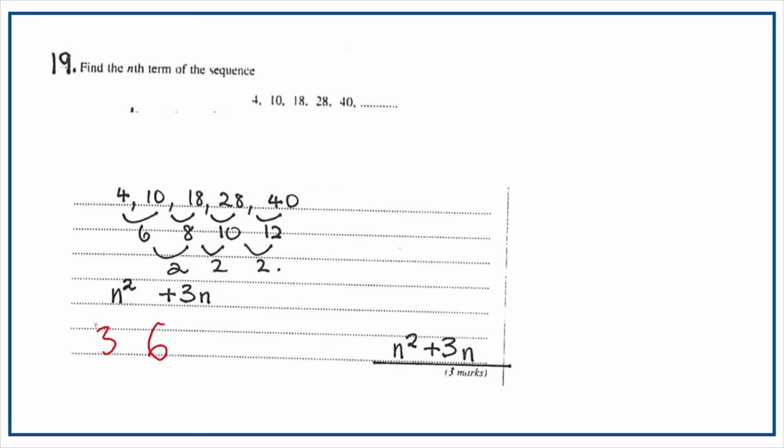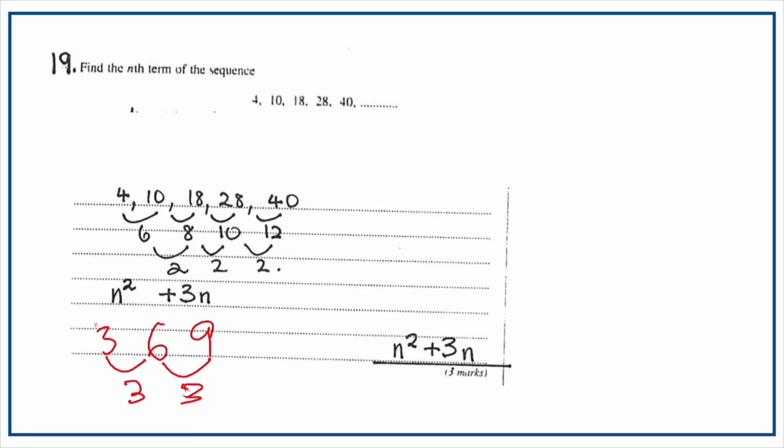And here we get a linear sequence, which we find the nth term of. 6 minus 3 is 3. 9 minus 6 is 3. So we've got the common difference. This is a linear sequence. So the nth term of this linear sequence is 3n, right here.